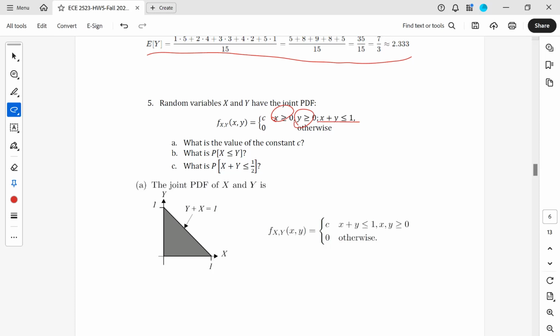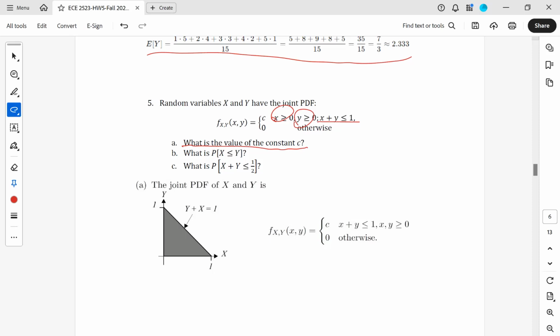The question first asks us what is the value of the constant C that we included in the PDF. Normally, I think you already know how to attack this kind of problem. We use the axiom that we had as a ground rule that the summation of all the probabilities together should be equal to 1.